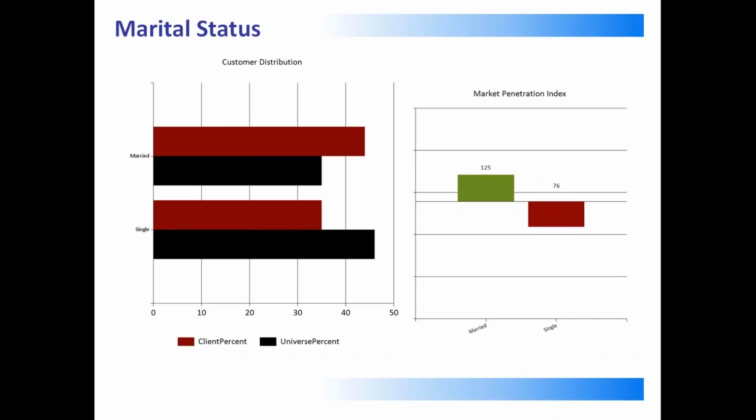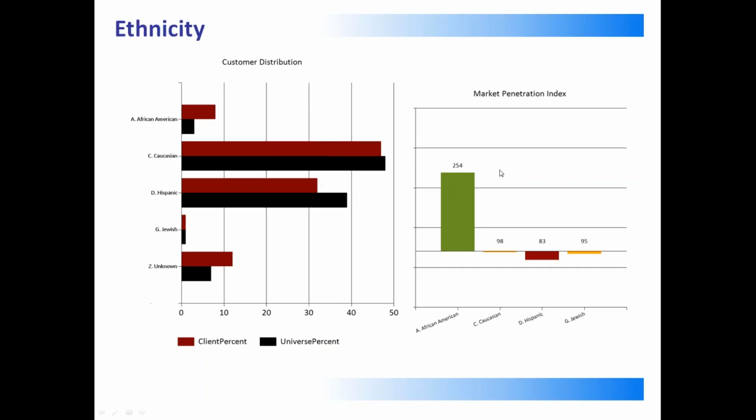Okay. Then when we look at marital status, even though we had some single dads that were over-indexing, in general, being married is over-indexing. By ethnicity, now here's an interesting dynamic, because what we see is Caucasian and Hispanic are the largest frequencies.